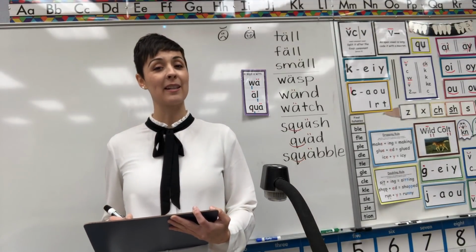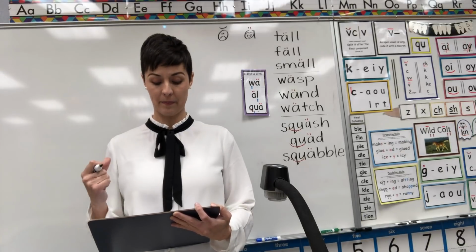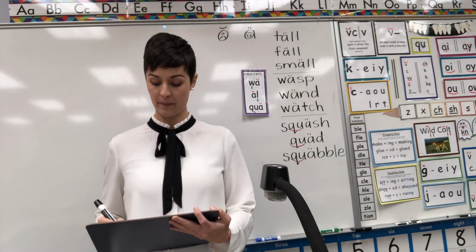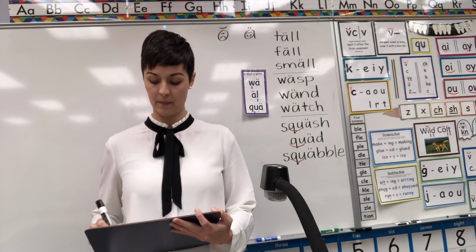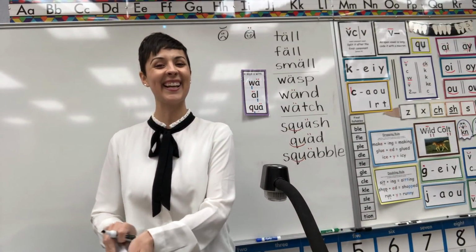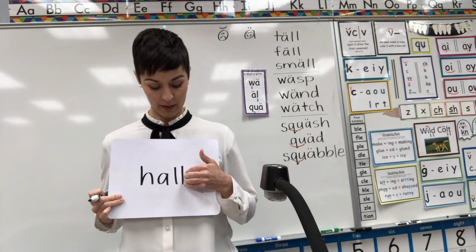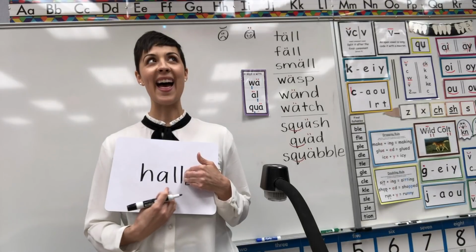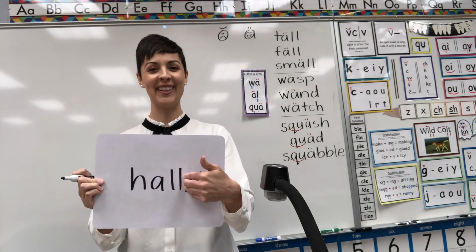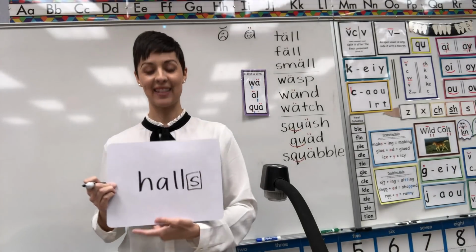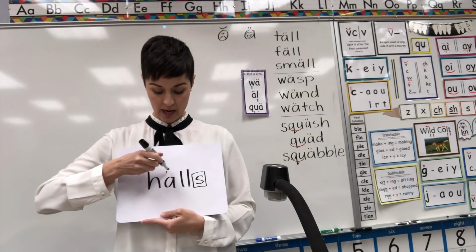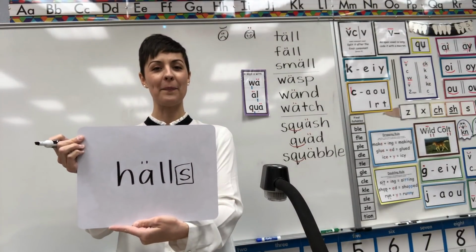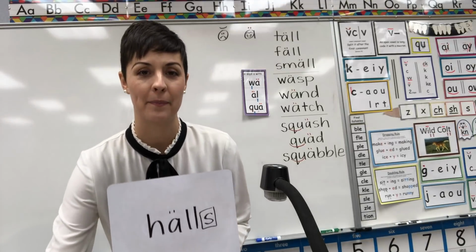Add your suffix, make it say halls. Okay, let's check it. Halls should be spelled H-A-L-L. Did you get that it's a floss word? Suffix S. And above the A, I need an umlaut. A in front of L says ah.